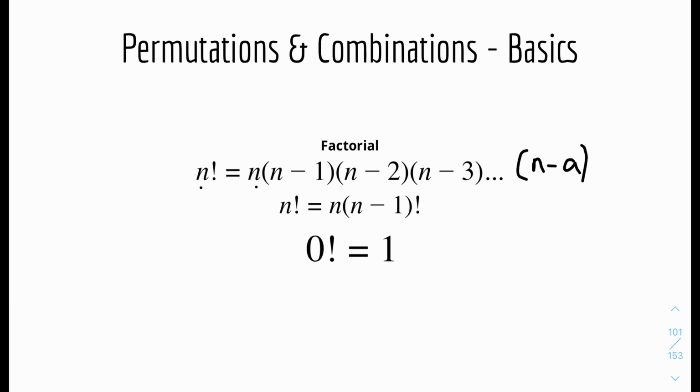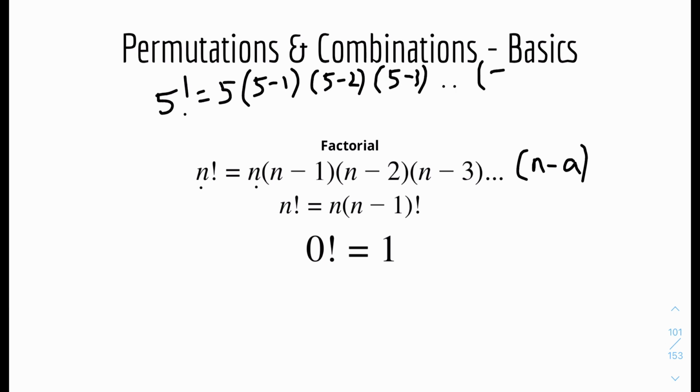So if we have 5 factorial, it'll be 5 times (5 minus 1) times (5 minus 2) times (5 minus 3) until it reaches 5 minus 4, because you can't reach 0, since if you times everything by 0, it'll be 0, so you can't reach 5 minus 5. So a has to be smaller than n, and not equal to it.